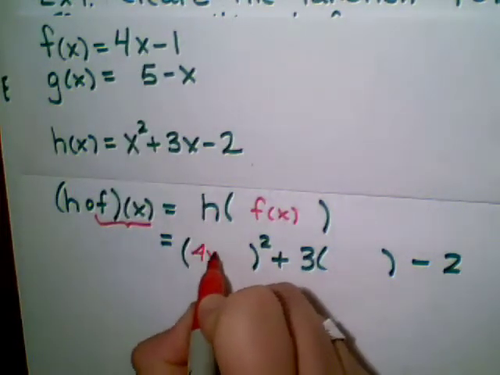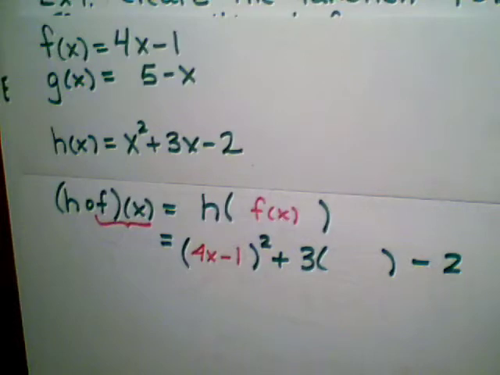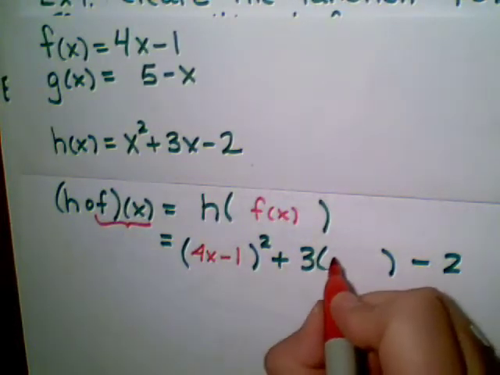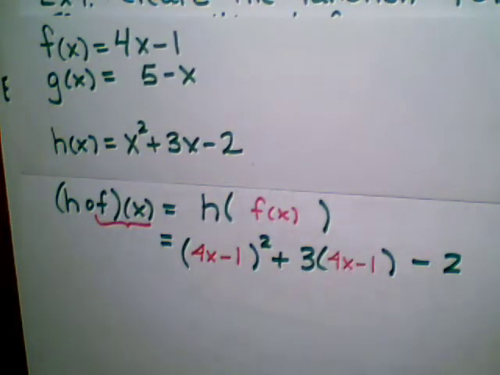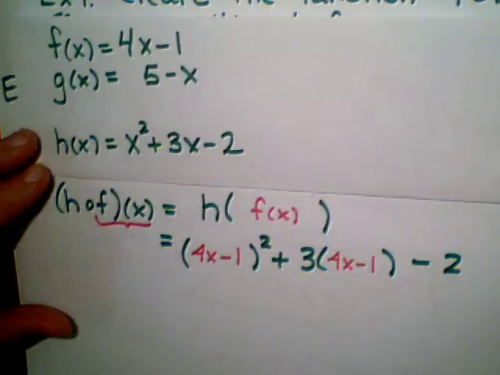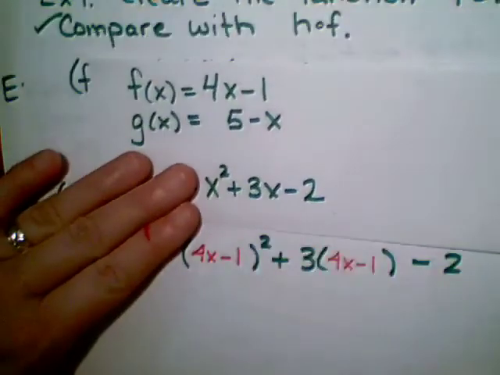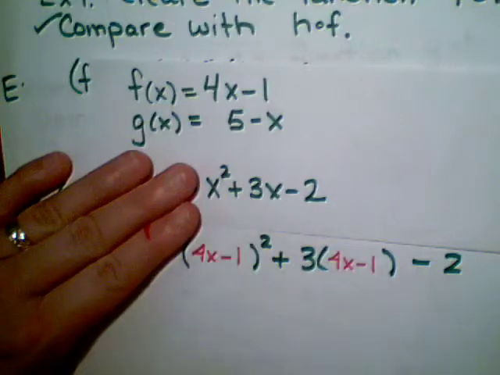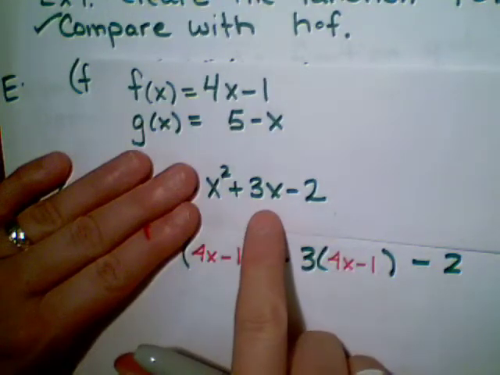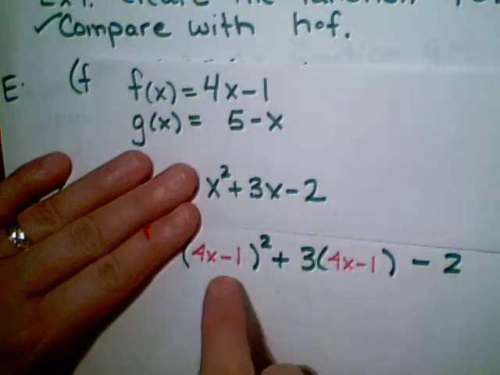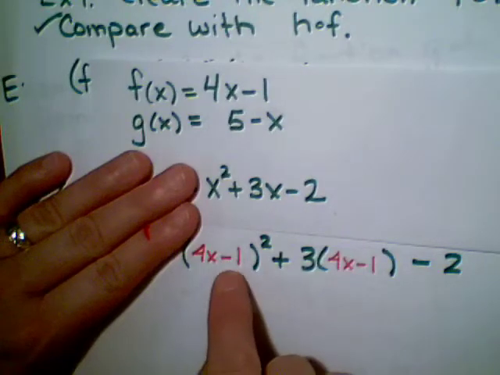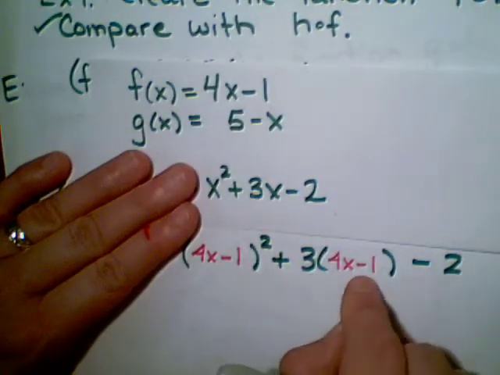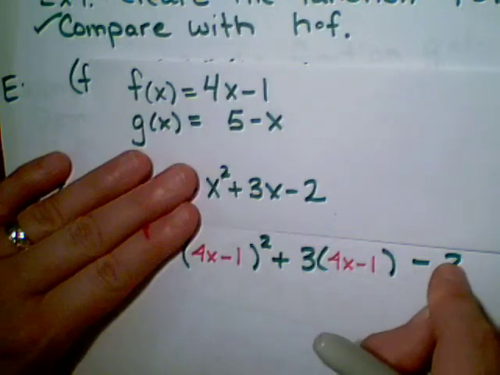So we're going to take 4x minus 1, the quantity squared, plus 3 times the quantity 4x minus 1, and then subtract 2. Okay. Sometimes it can be helpful to compare the polynomial input squared plus 3 times the input, take away 2, to the composition function squared plus 3 times the function minus 2.